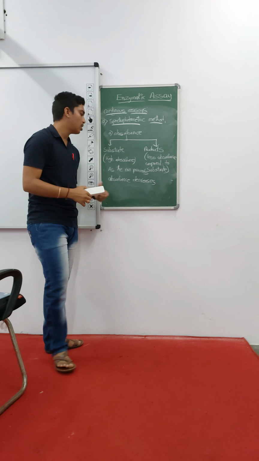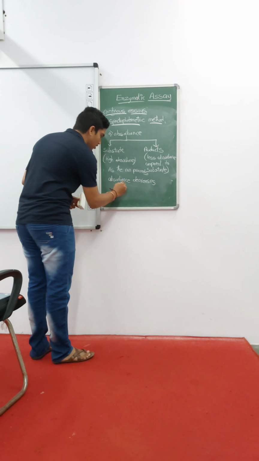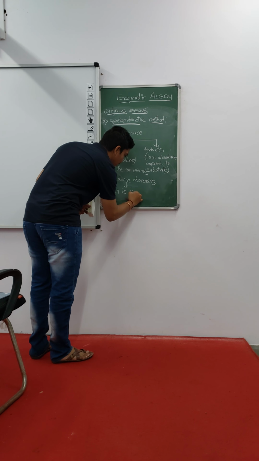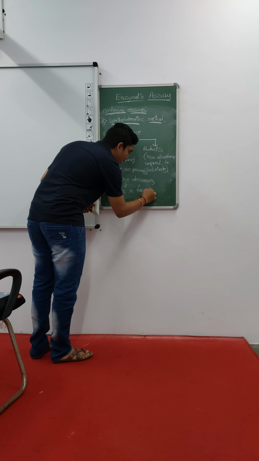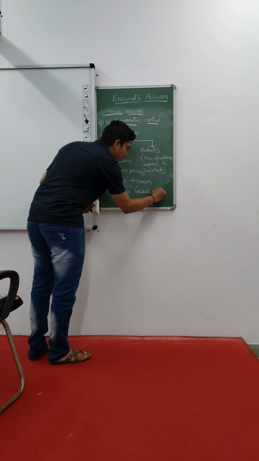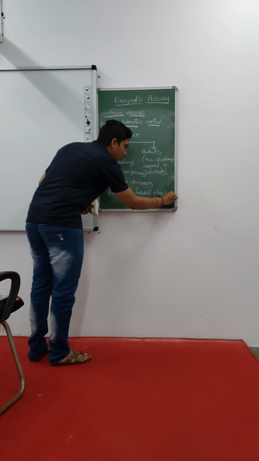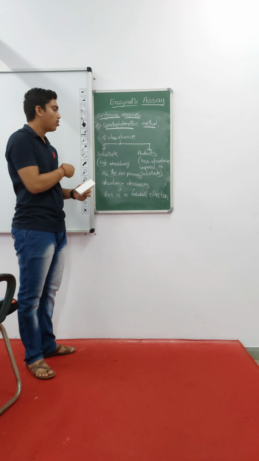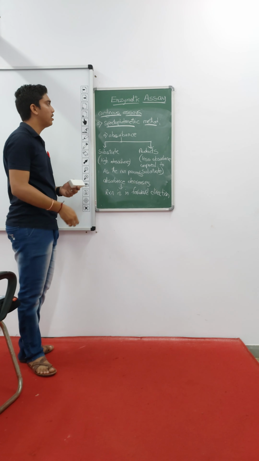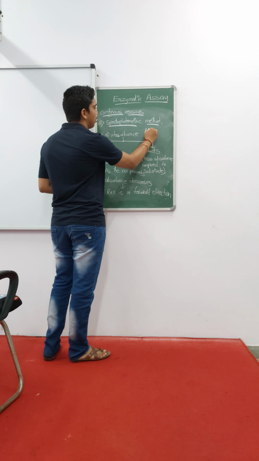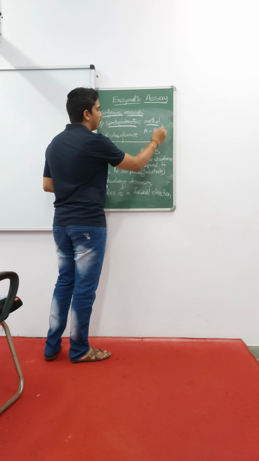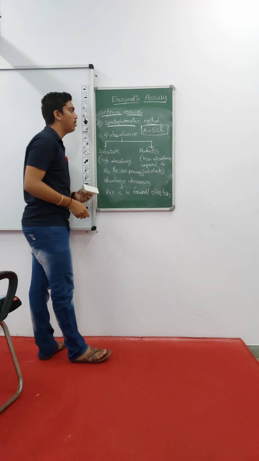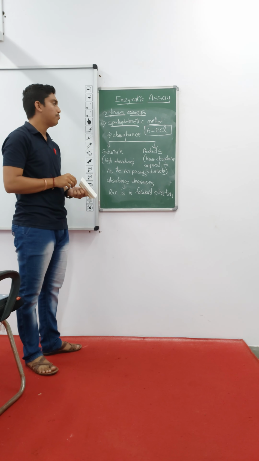This decrease in the absorbance denotes the reaction is in the forward direction. This is how you measure the concentration of the products using the spectrophotometric method. Here, absorbance is equal to epsilon Cl, from the Beer-Lambert law. From this formula, we will find the concentration of the products.